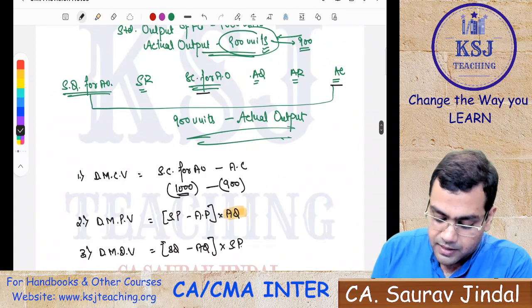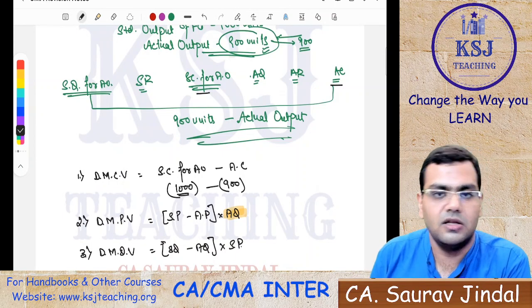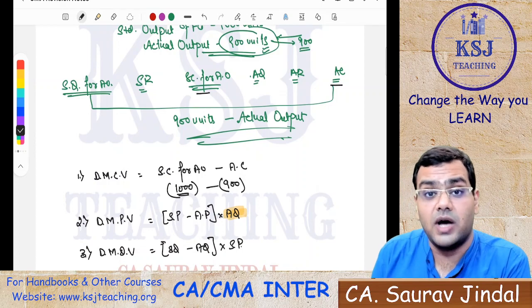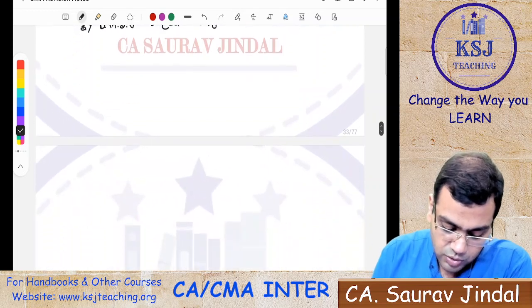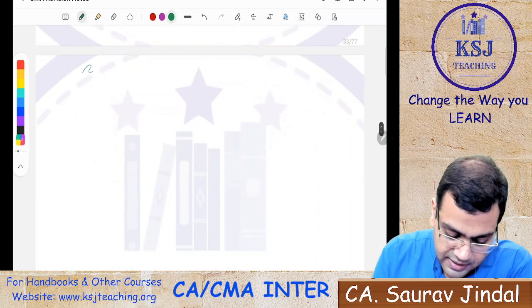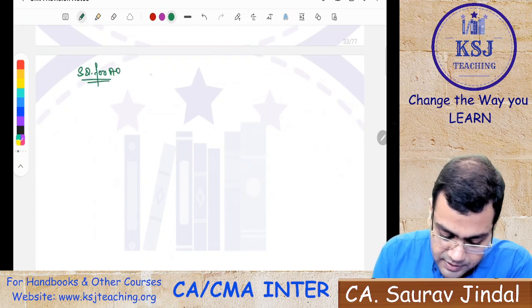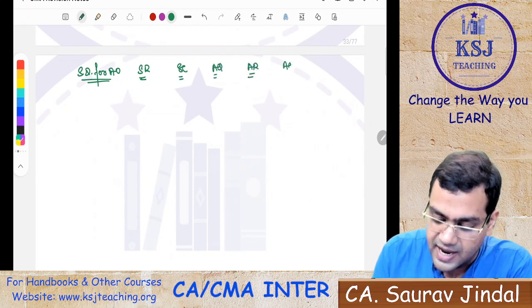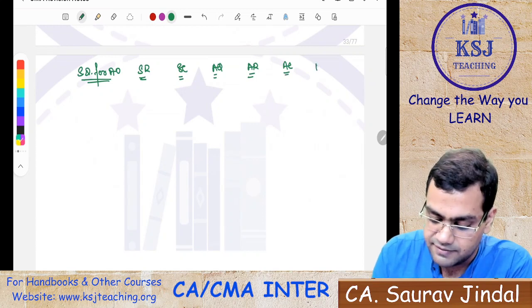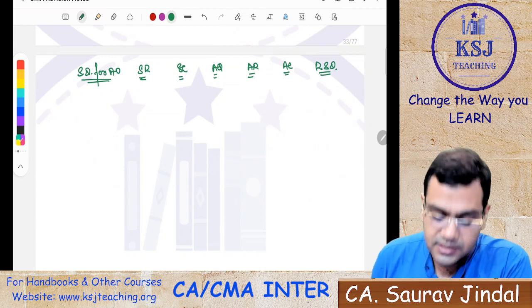Now, all these variances can be calculated if you have one raw material or two or three raw materials, whatever. If you have more than one raw material being used in the process, then you will have to prepare the table again. In that case, the table has standard quantity for actual output, standard rate, standard cost, actual quantity, actual rate, actual cost, and one more column will be added, that is revised standard quantity.